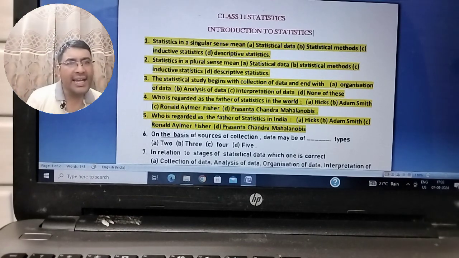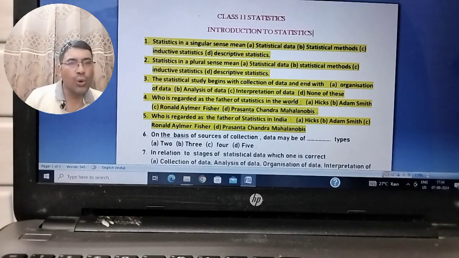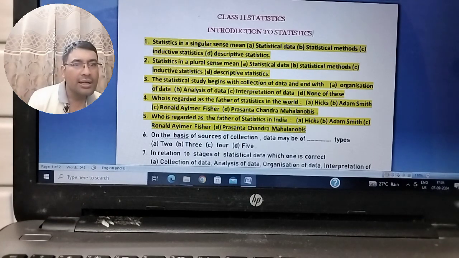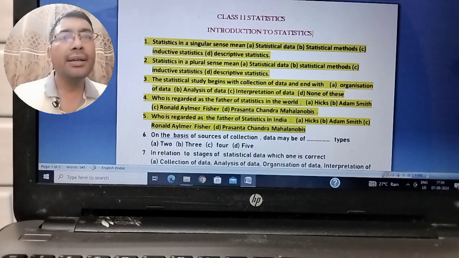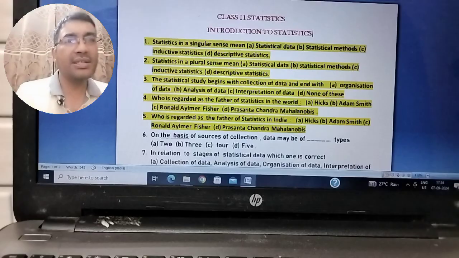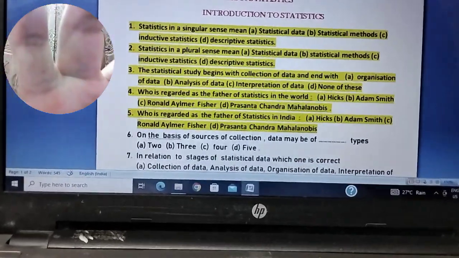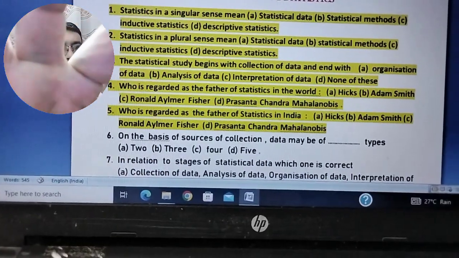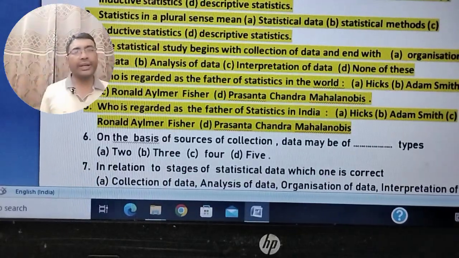Who is regarded as the father of statistics in the world? Professor Hicks, Professor Adam Smith, Ronald Elmer Fisher, or Prasanta Chandra Mahalanobis. Sorry, the screen is not visible to me, I have an eyesight problem.